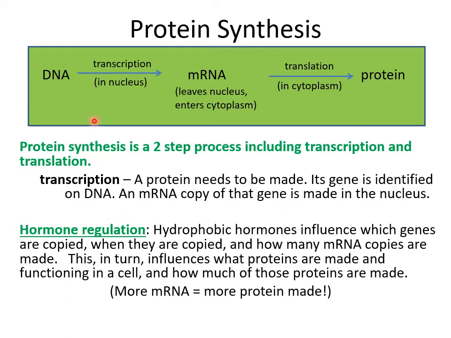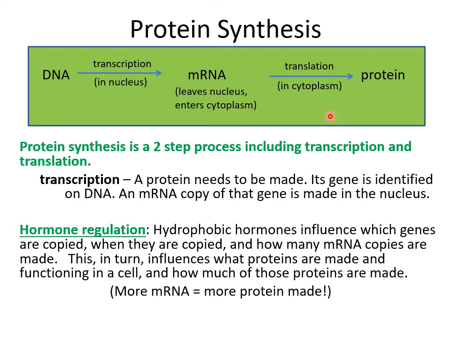If instead you decide to make much less of an enzyme, for example, much less adenylyl cyclase, well then your hydrophilic hormones are not going to exhibit that much of a response anymore in the cell.